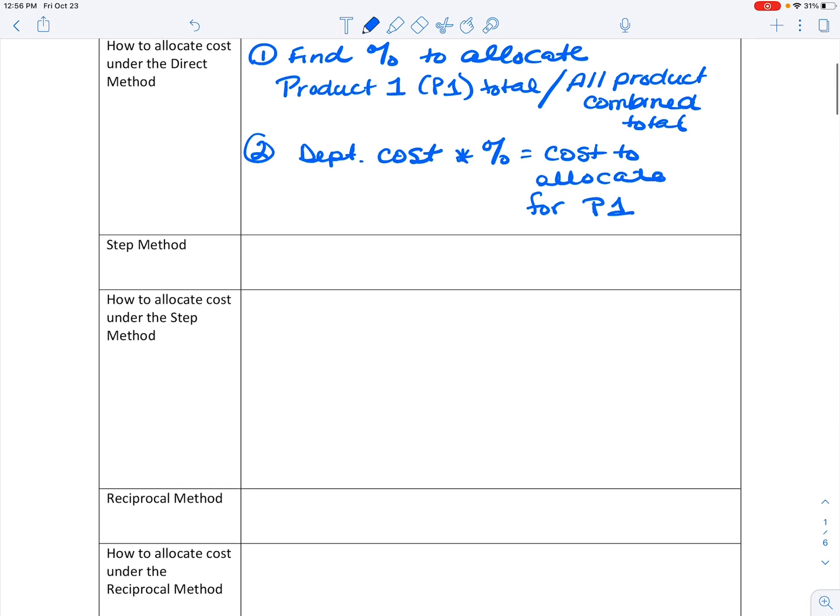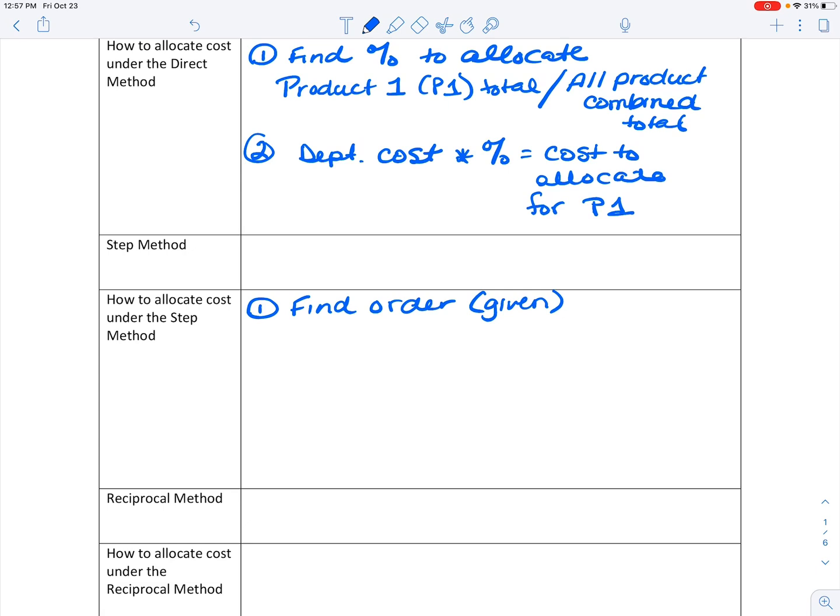So to understand the step method, first, it's assigning costs in order of the process. So your first thing you're going to do is find the order. And this is always going to be given to you.